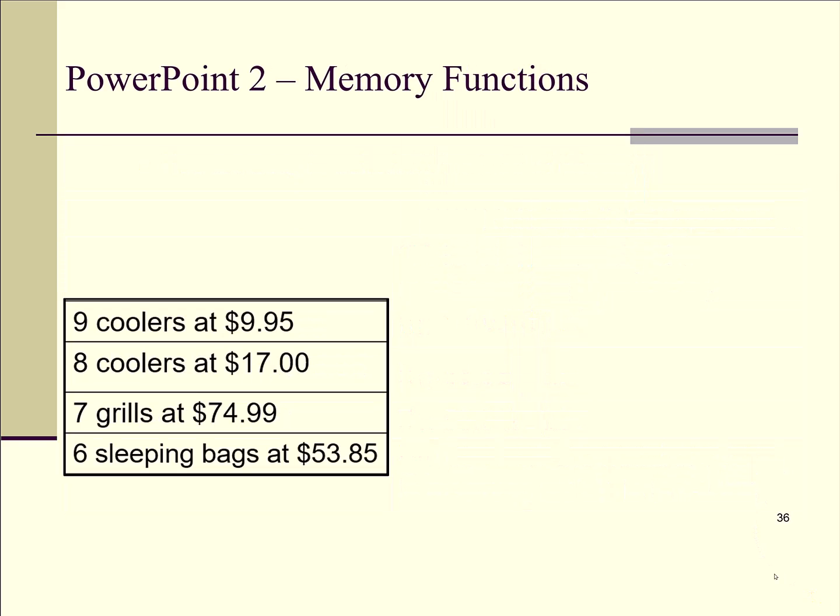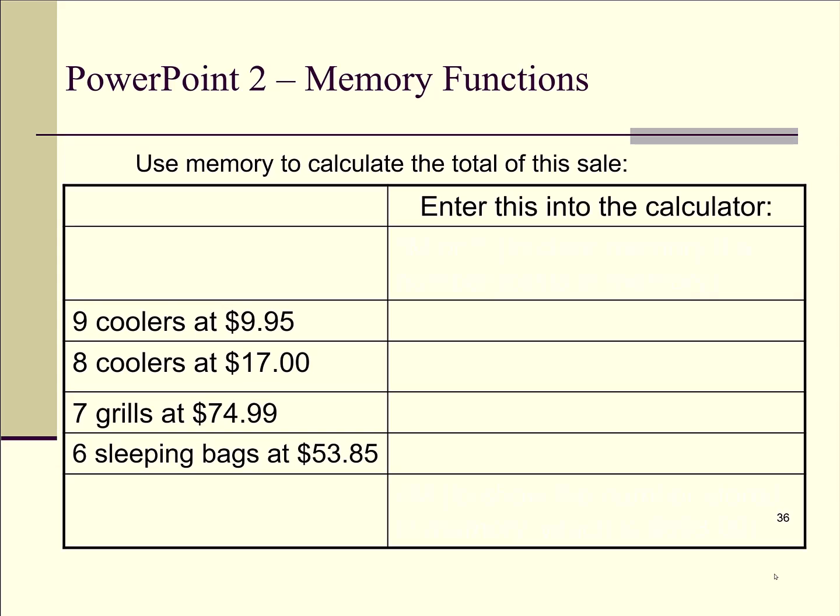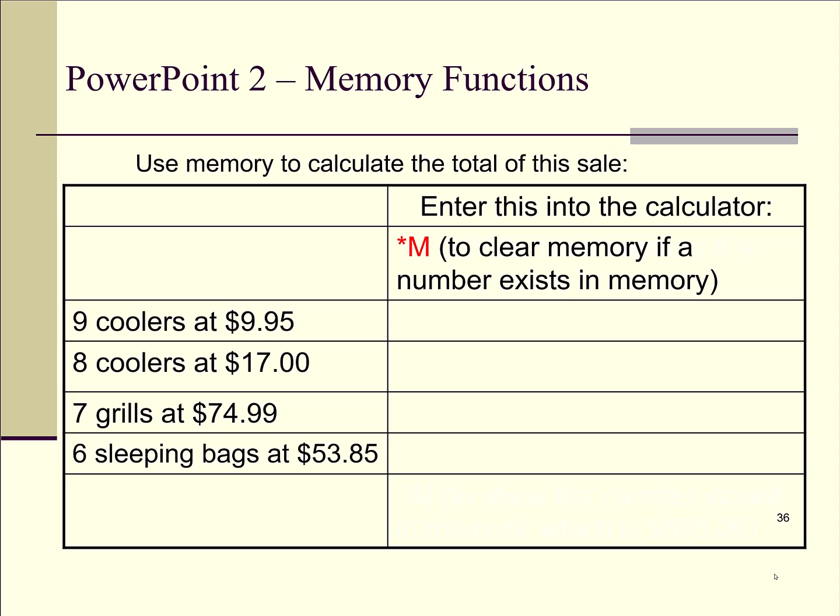Let's try another one. We've got 9 coolers at $9.95, 8 coolers at $17, 7 grills at $74.99, and 6 sleeping bags at $53.85. So to do this problem, we're going to clear memory by hitting asterisk M. We're going to calculate the 9 coolers, 9 times 9.95, M plus.